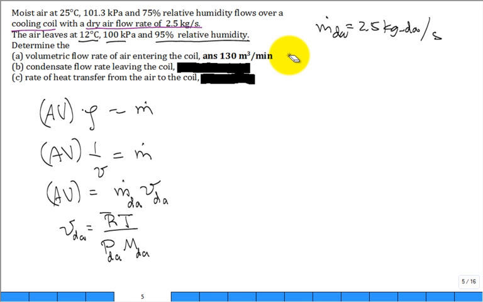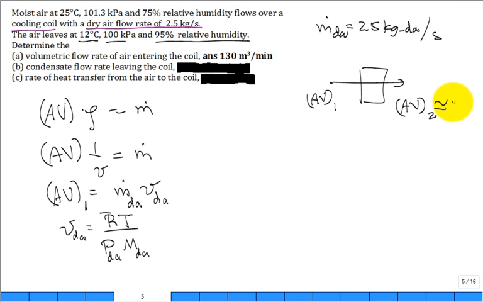Okay. It's coming into a cooling coil, and that's our volumetric flow rate coming in. The volumetric flow rate going out is very close to the volumetric flow rate coming in, and if you're working in the industry and you need to do a back-of-the-envelope calculation, the standard assumptions are so close you neglect it, but it's going to be a little colder going out.